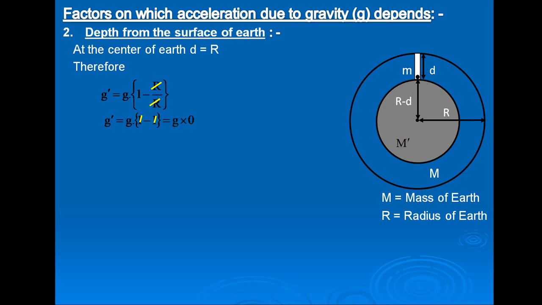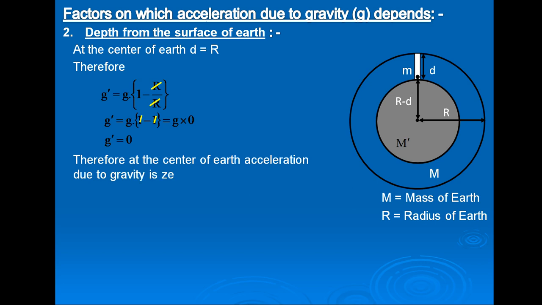So it becomes g into 0. Therefore, g dash is equal to 0, because 0 into something is 0. Therefore, at the center of earth, acceleration due to gravity is 0, or the weight of the object is 0 at the center of earth.